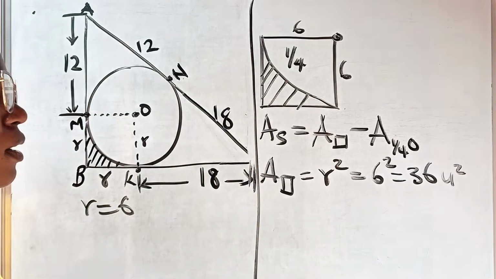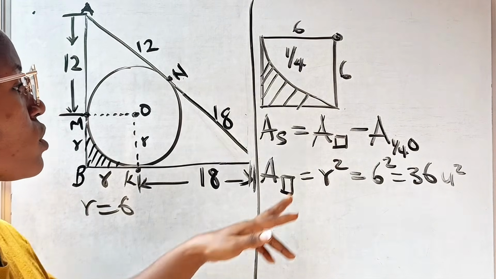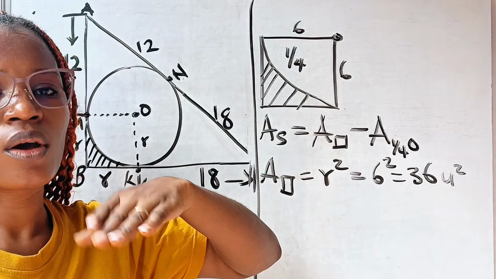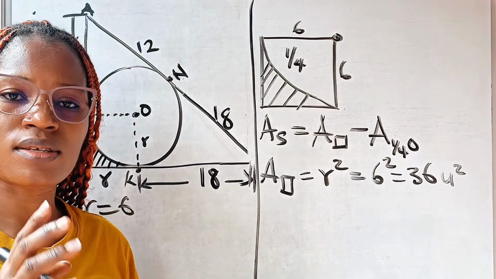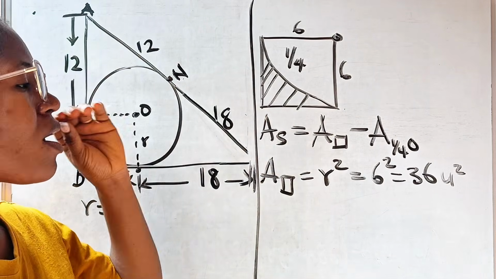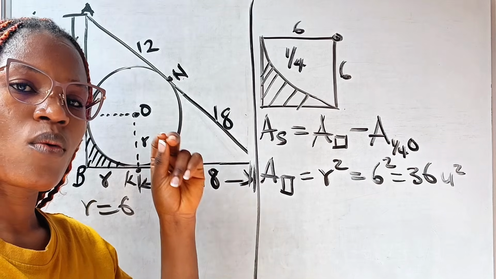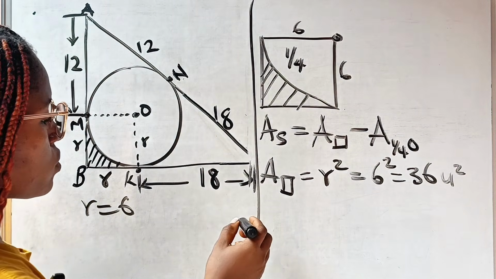All right. Now moving forward, let's get the area of the quarter circle. Normally, the area of a circle is pi r squared. So the area of a quarter circle should be 1/4 of pi r squared.